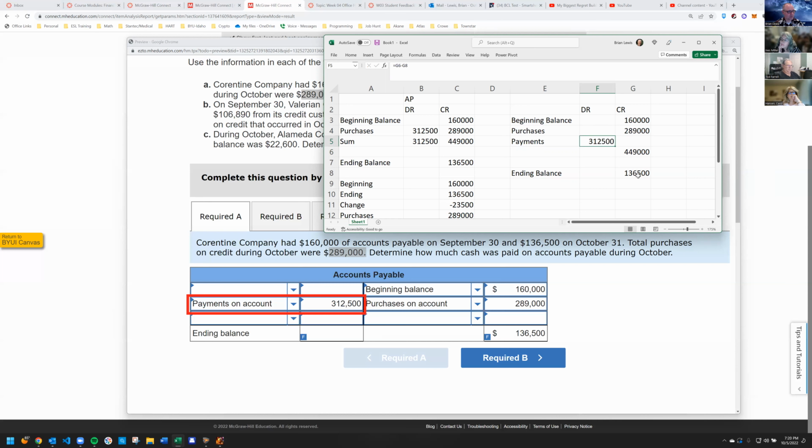I know I did that pretty quick, but really what you're trying to do then is just get the balances, let's see, total, trying to get the balances on the debit side to match, to get to a point where the credit is greater than the debit by 136.5.